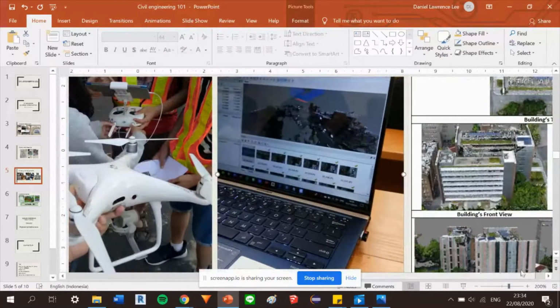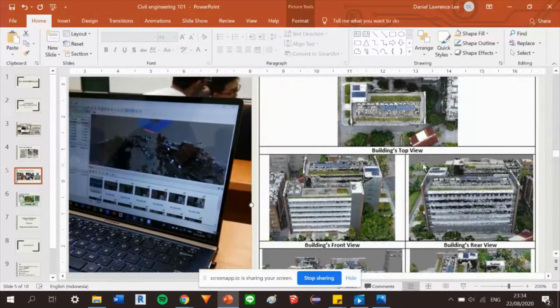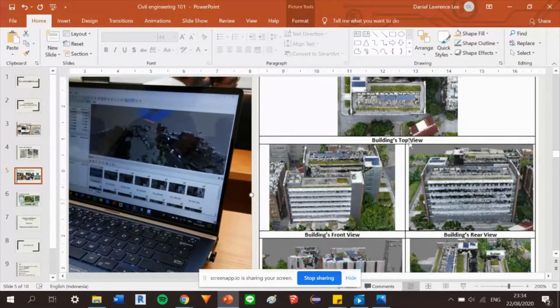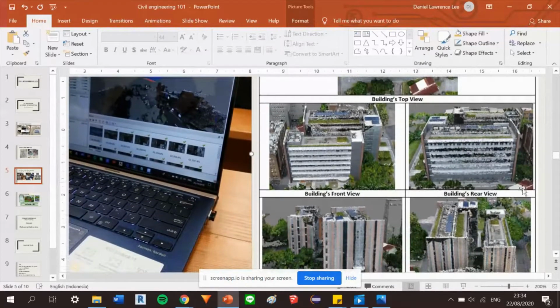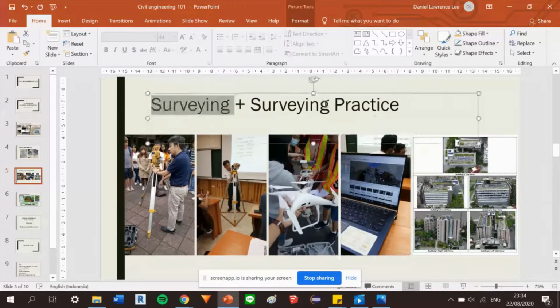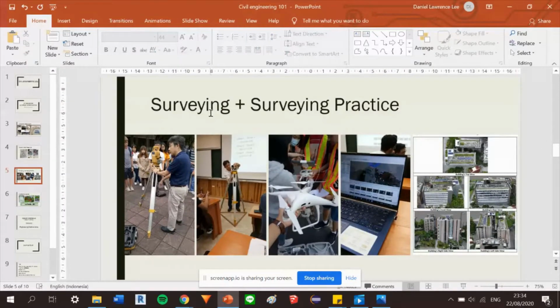This one is made using the photos taken by the drone. You can actually see how the building looks, and you can find the dimensions and measure this building. And yeah, it's a lot of fun, Surveying and Surveying Practice. So you study theories and then apply them.